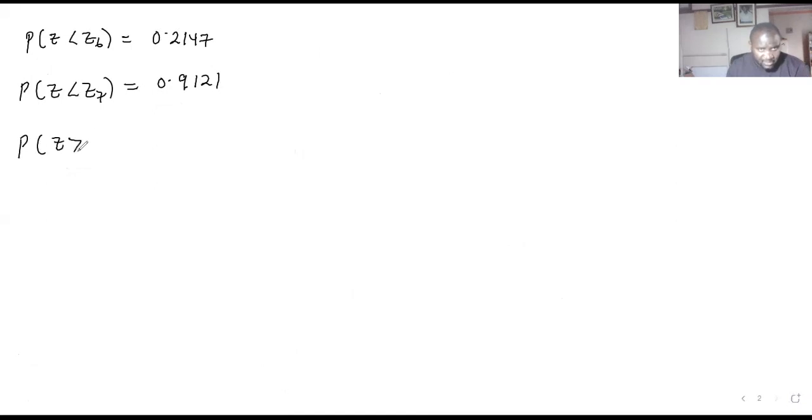Find probability of Z less than Z6 is 0.2147. Also find probability of Z less than Z7 is equal to 0.9121. Also find probability of Z greater than Z8 is equal to 0.8481. These are for the learners. Give me the answers. You have up to 11:15.